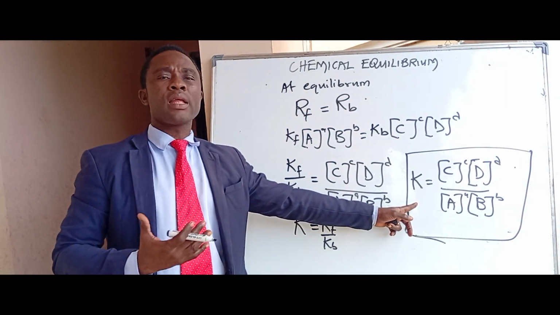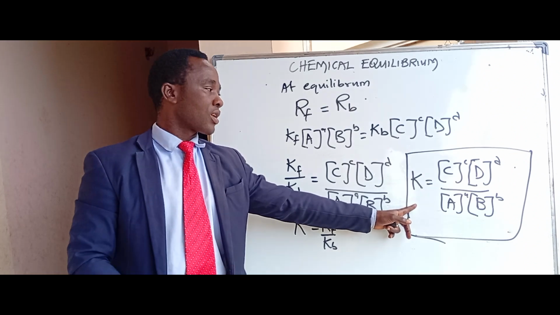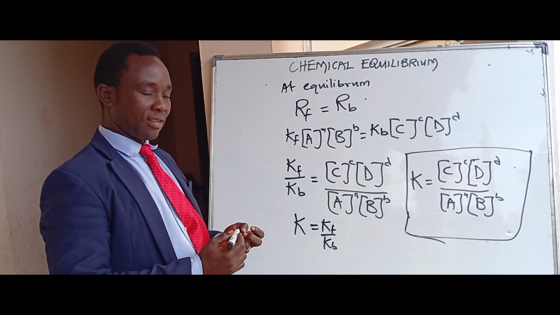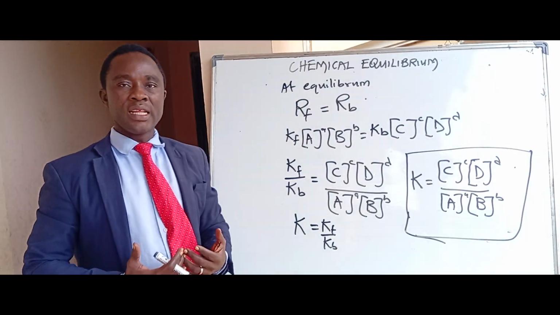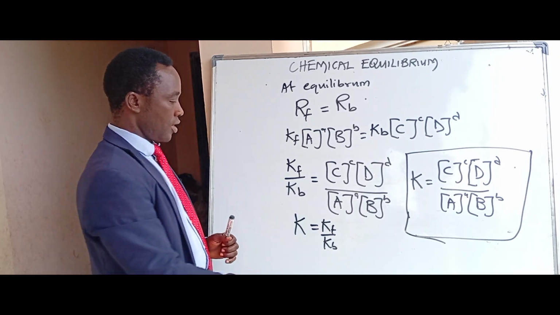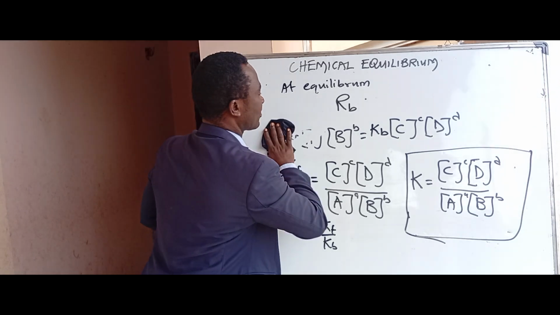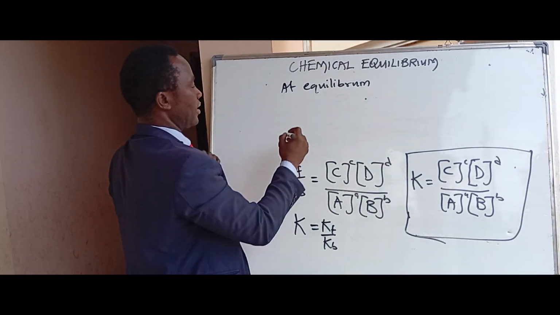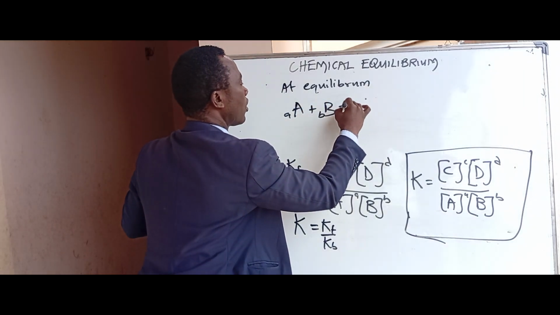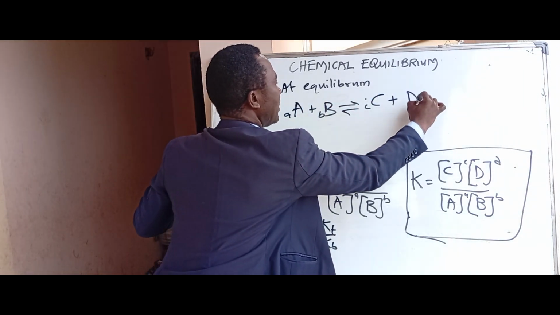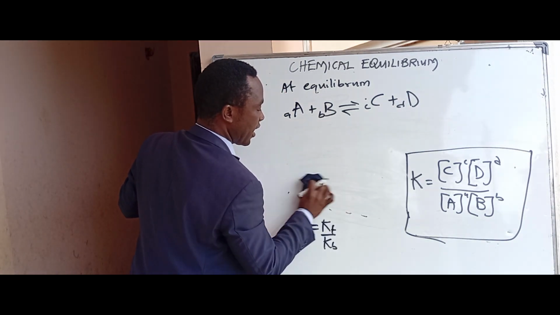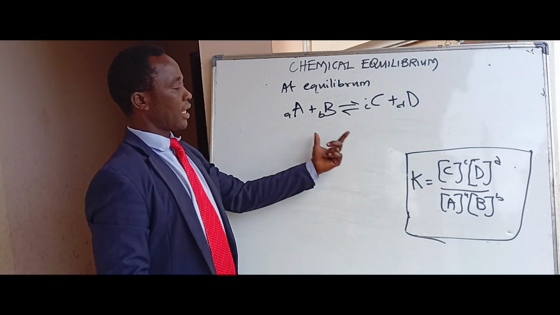That means anytime they give you a reaction to write its equilibrium constant, it is always products divided by the reactants. So I have derived the expression for the equilibrium constant of a reaction. Remember where we started: aA plus bB to give us cC plus dD. If we are writing the equilibrium constant expression of this reaction, it will be this.